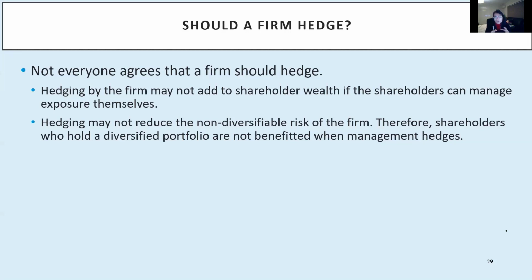That's because a firm could have many different shareholders and they all have different risk appetite, okay? So we might have a very risk averse person on the board. We could have a very, very risk-seeking person on the board, okay? So if we hedge, then we assume that every shareholder is the same, which is not the case. So maybe it's more efficient if we leave the shareholder to hedge if they want to, okay?